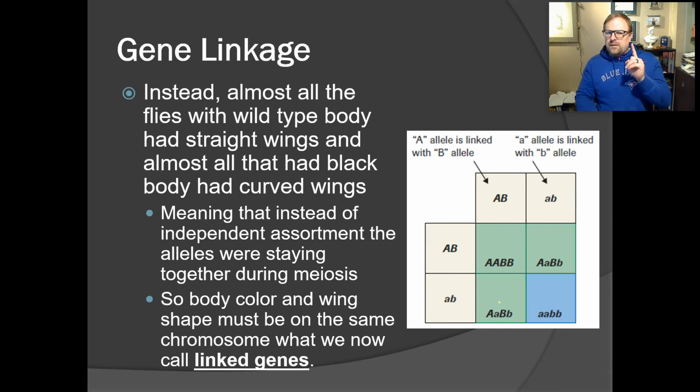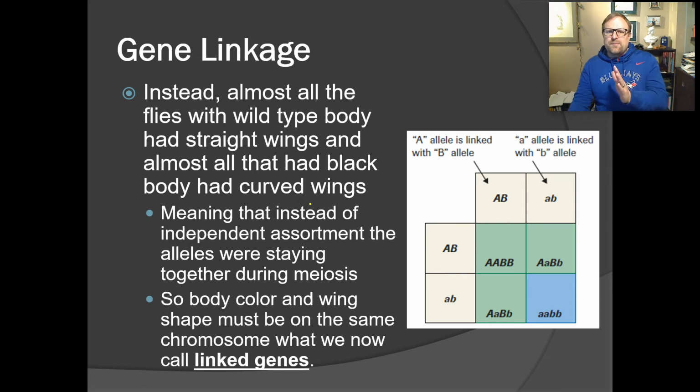Let me highlight that again. We would have expected a nice 9 to 3 to 3 to 1 ratio. But what ended up happening is we ended up with the wild type body color with straight wings, and the others had black body and curved wings paired together at higher proportions.